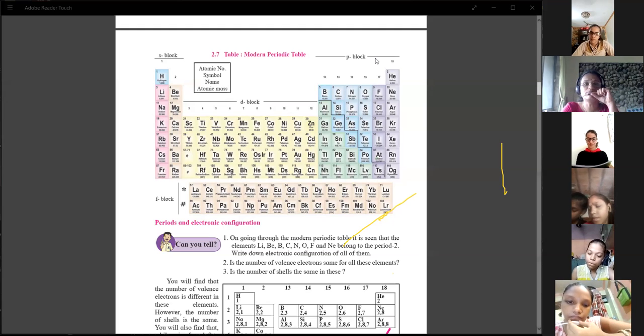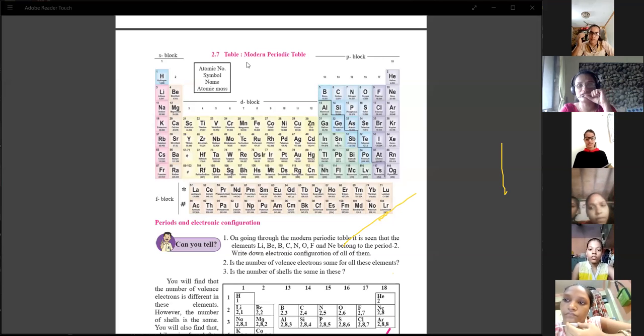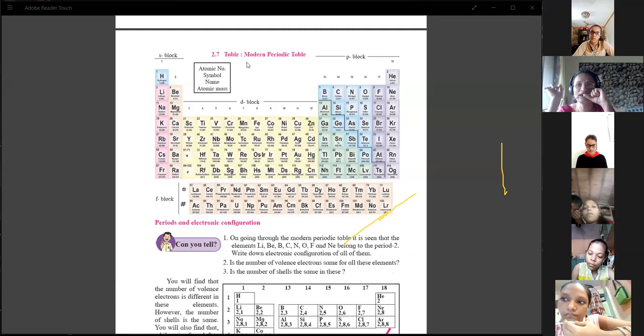That is, cation means a positive ion is formed from metals, and a negative ion is formed from non-metals. From this, it is understood that metal atoms have a tendency to form a cation by losing their valence electrons. This property is called the electropositivity of an element, because metals have a tendency to lose electrons easily. That's why they form a plus sign on their head.